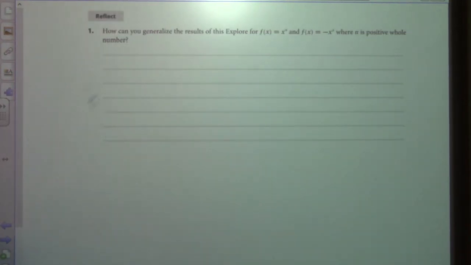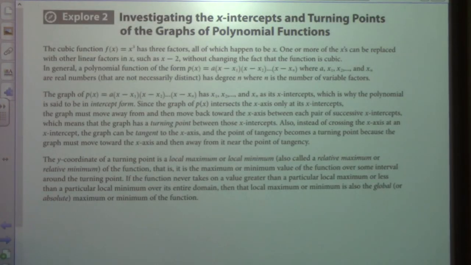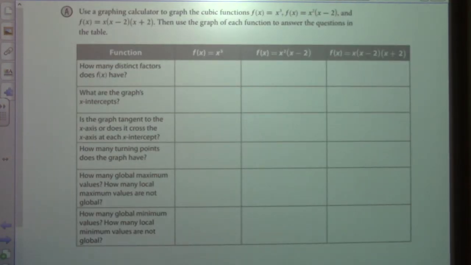Okay. It says, I don't want to reflect. Now it talks about factored form, and we're going to go into more detail when we get to the exercise set pretty shortly. So this right here is what I call factored form, because you have 3 factors.